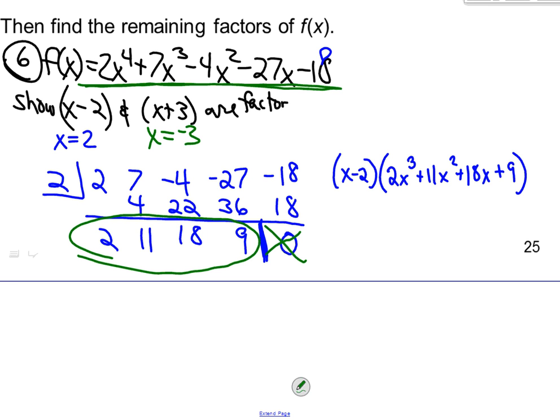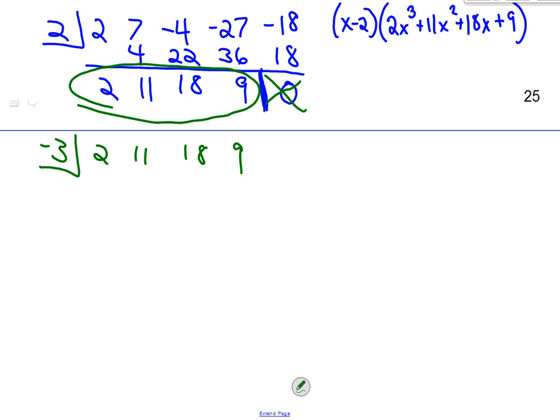So essentially, I know that this x plus 3 is a factor of that little piece. So my next synthetic division is going to be -3, and I'm dividing it into 2, 11, 18, and 9. Why am I doing that?